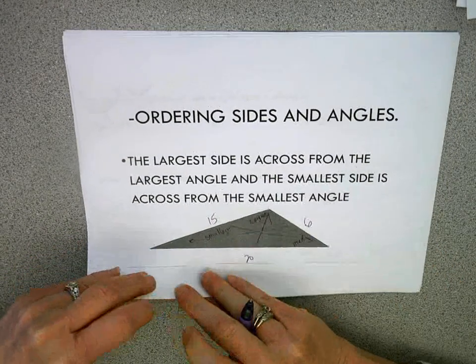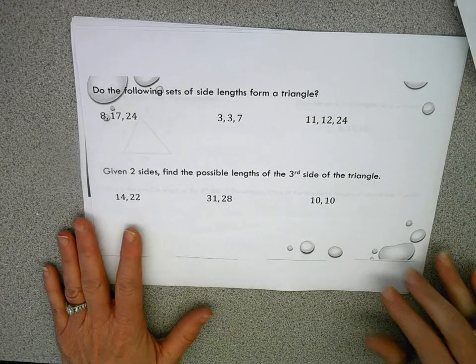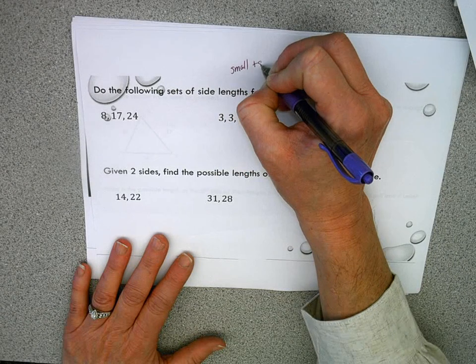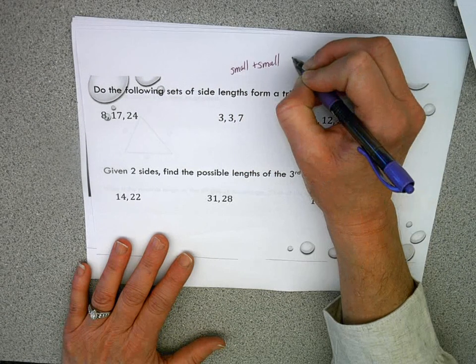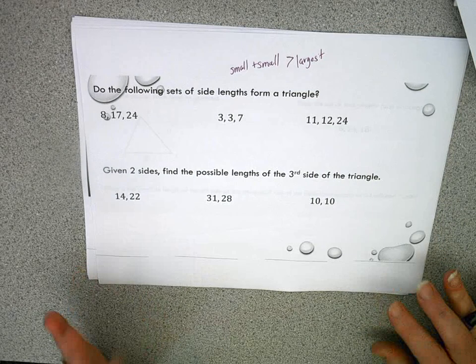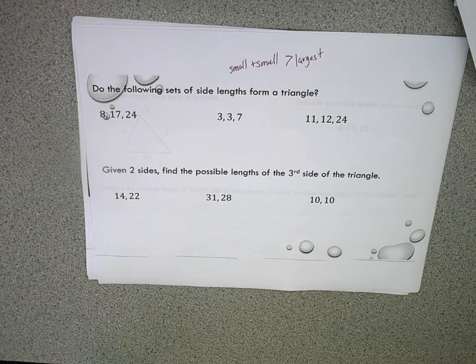Do the following set of lengths make a triangle? Remember that the two small sides have to be greater than the largest side. So the sum of the two small sides has to be greater than the largest side. If the third side's too big, it can't make a triangle.